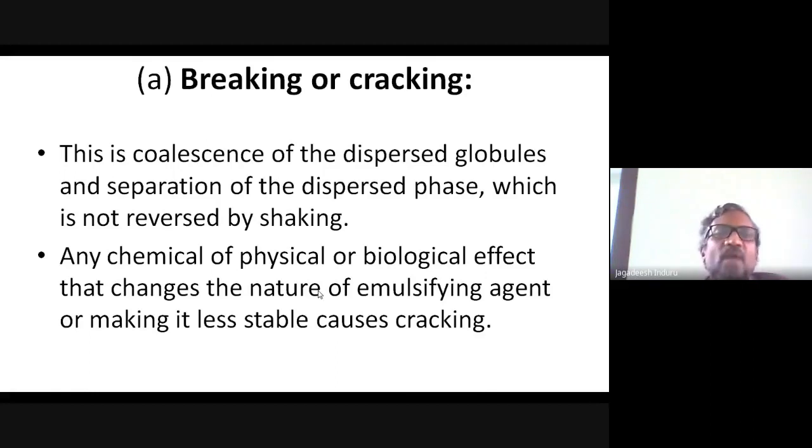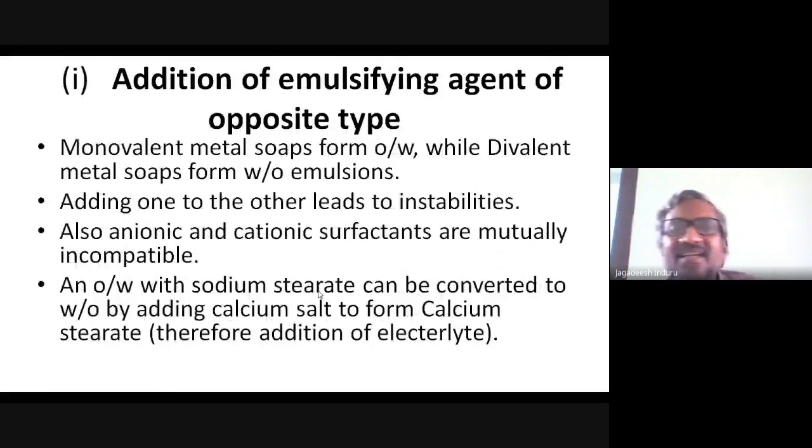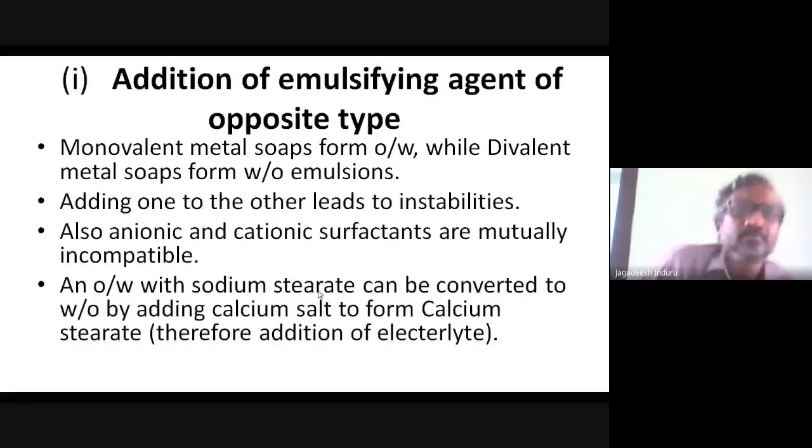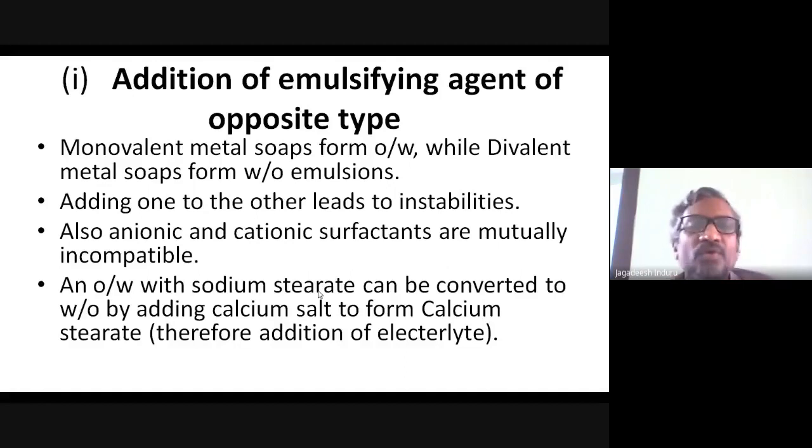The first point we need to consider is addition of an emulsifying agent of opposite type. How is this phenomenon going to cause the cracking and breaking of an emulsion? So don't use an opposite type of emulsifier to prepare a particular type of emulsion. Say, for example, monovalent metal ions, that is sodium salts of stearic acid and potassium salts of stearic acid, have monovalency.